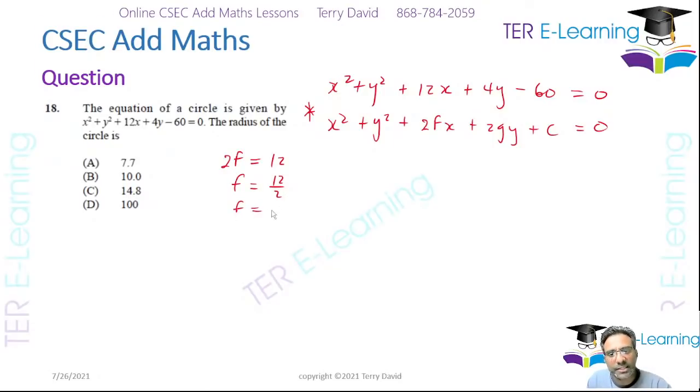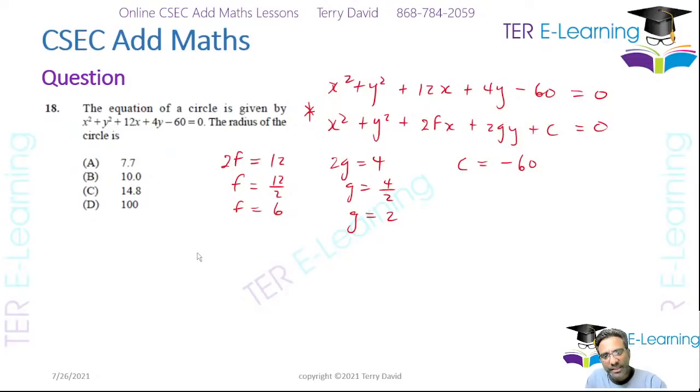Therefore f is equal to 6, right? Again, if we equate coefficients, we can say that 2g is equal to 4, and therefore g is equal to 4 over 2. So g is equal to 2, right? And in this case here, my constant c is equal to minus 60.